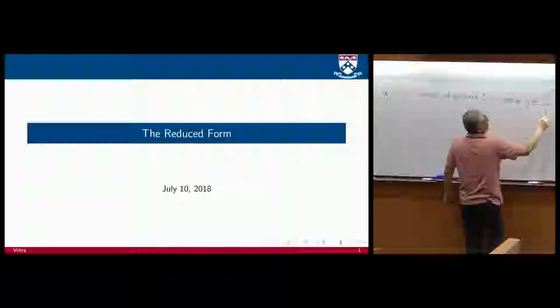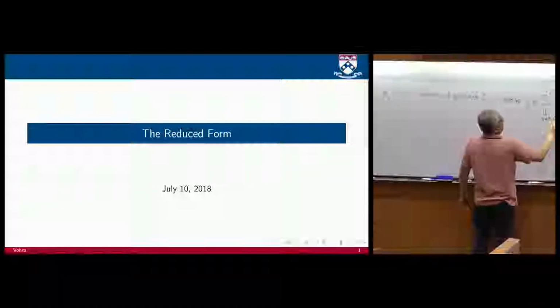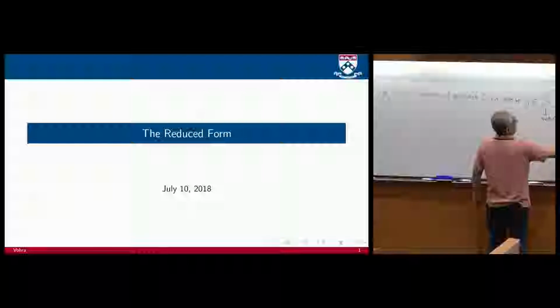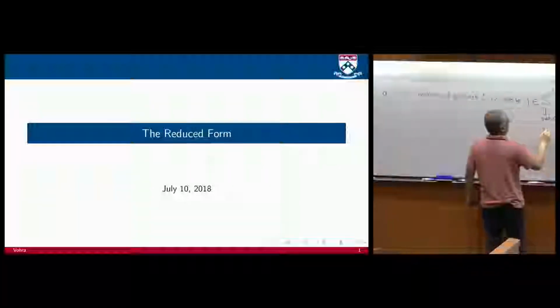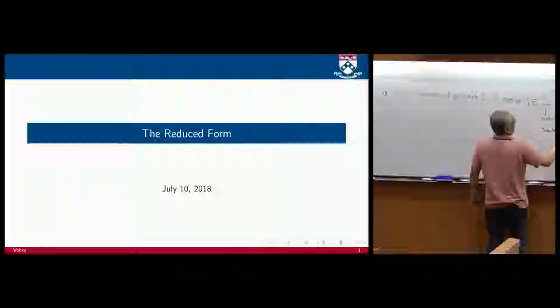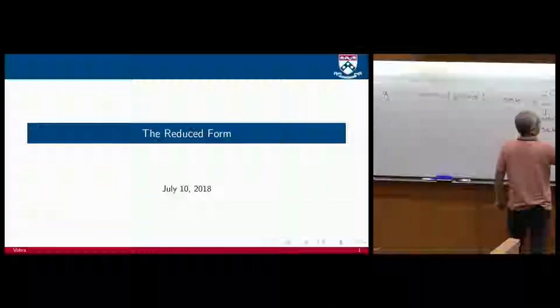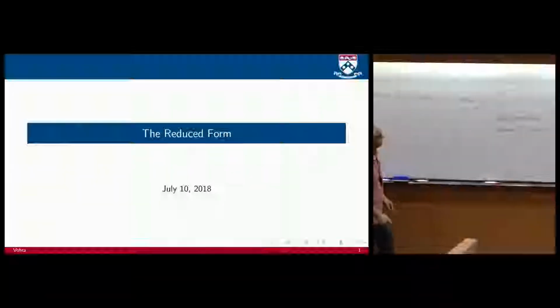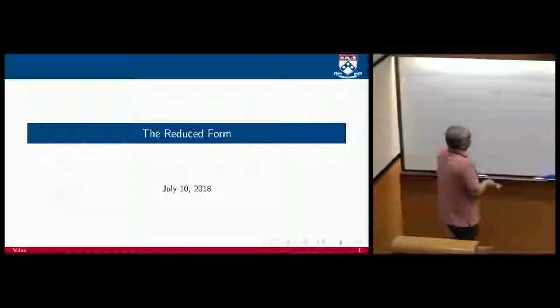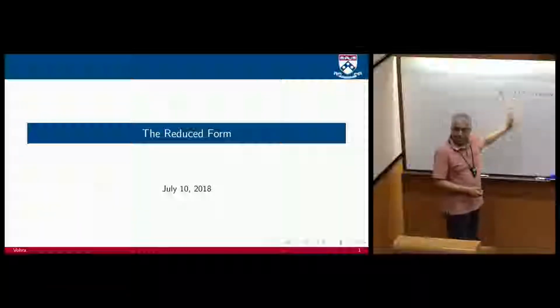And this is the set of possible states of project i. Okay, there is this number. I haven't said where it comes from.